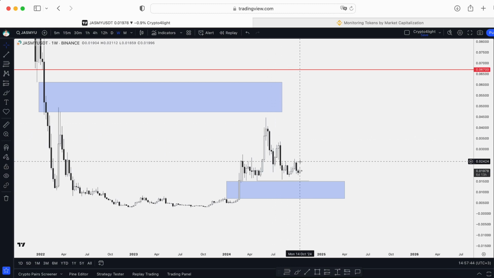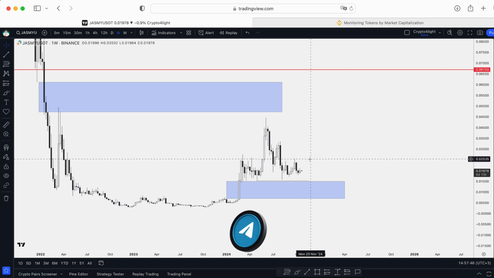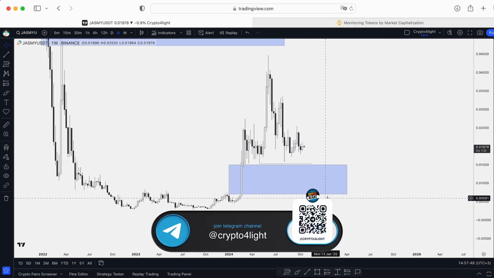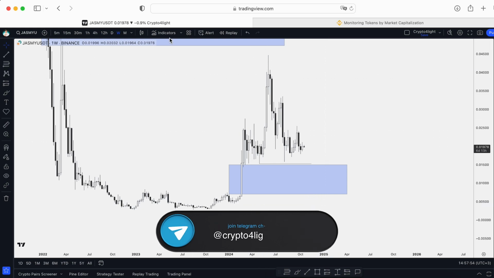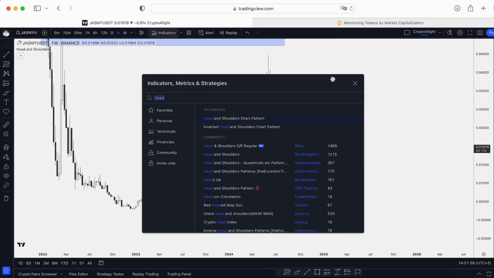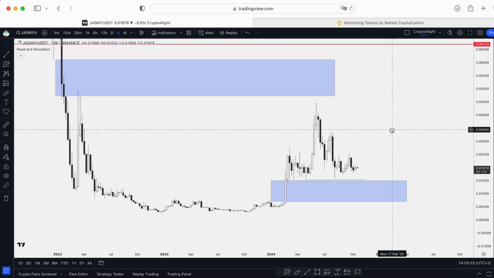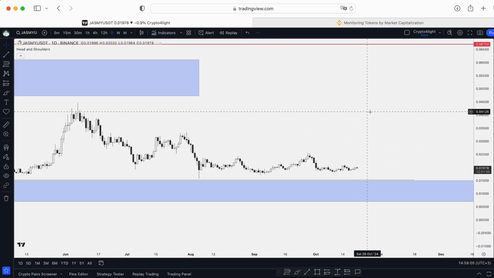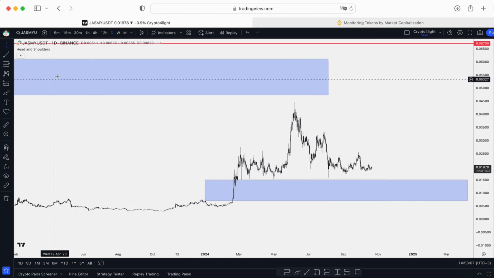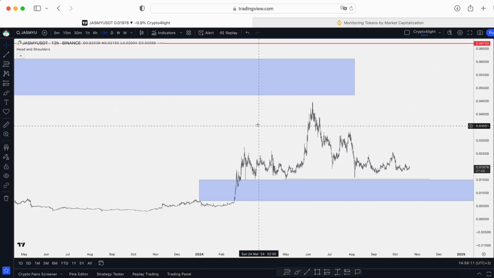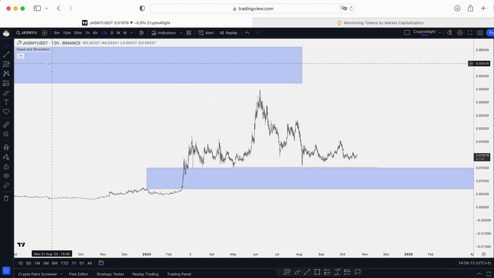I don't think this is that pattern, but if it is, we can dump, I guess, even under 0.2044 based on this pattern. If we use just a classic head and shoulders pattern on TradingView, like you can see, there's nothing. So this indicator does not identify that pattern now. So maybe it's not that pattern.